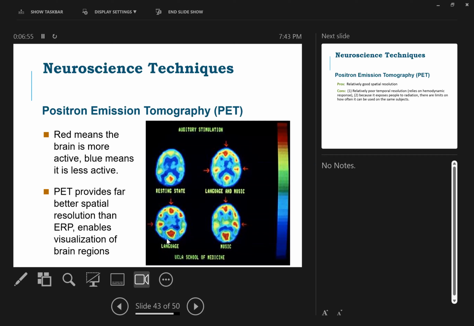You could say, well, this activity actually belongs to this brain area, or that brain area, something that you couldn't really do with, say, EEG or ERP, because the activity is averaged out spatially. I think people before had a little misunderstanding about what I mean by spatial resolution here. Spatial resolution in the brain means that you could say this patch of cells is having this activity, or this patch is having that activity.